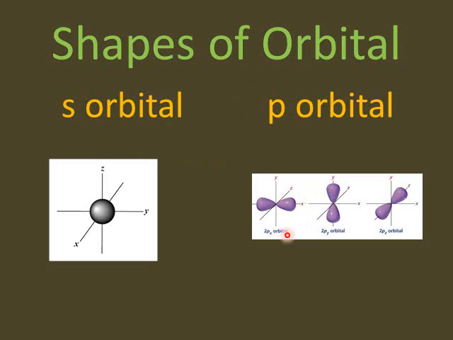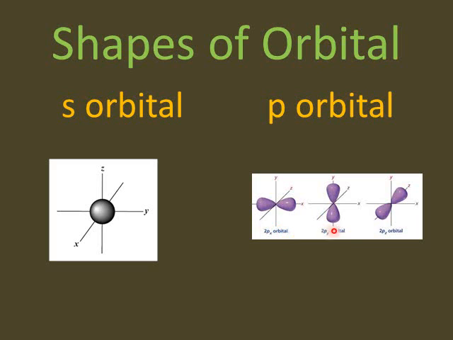Now these are the shapes of s and p orbitals. s is spherical in shape and it can accommodate 2 electrons, whereas p is dumbbell shaped. It has 3 orbitals and each orbital carries 2 electrons with opposite spin.